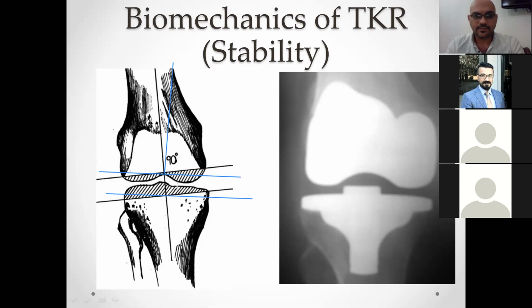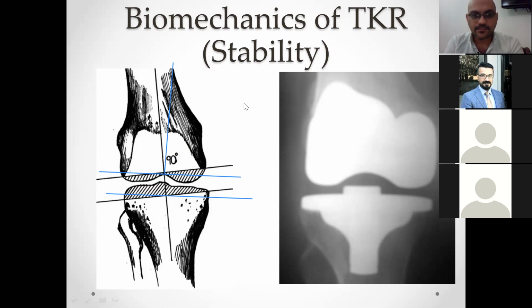The flexion gap is between the condyle and the proximal tibia. When we say external rotation of 3 or 5 degrees, it means medially you are cutting more than the lateral, 9 to 11.